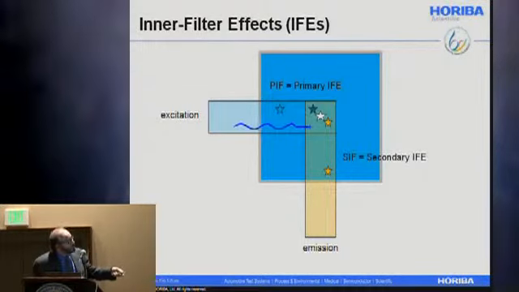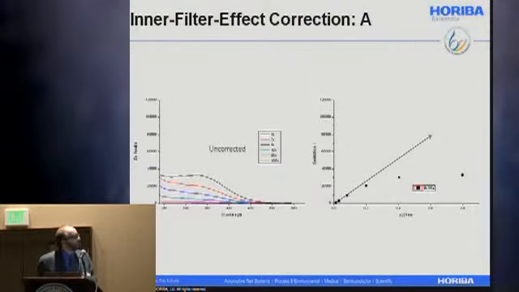By the same token, if there's a fluorescence excited here, it can be absorbed before it leaves the cuvette. So you have two potential sources of issues that had to be overcome to apply this technology. Correcting this primary and secondary inner filter effect allows us to deal with a very wide concentration range of samples in this particular application.